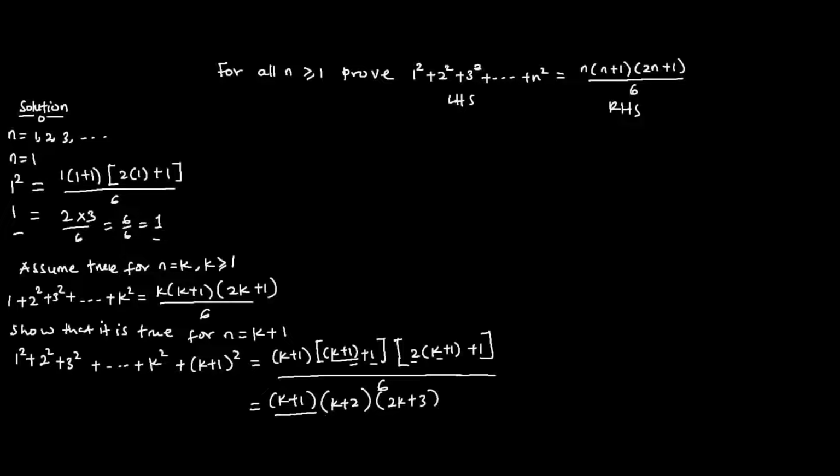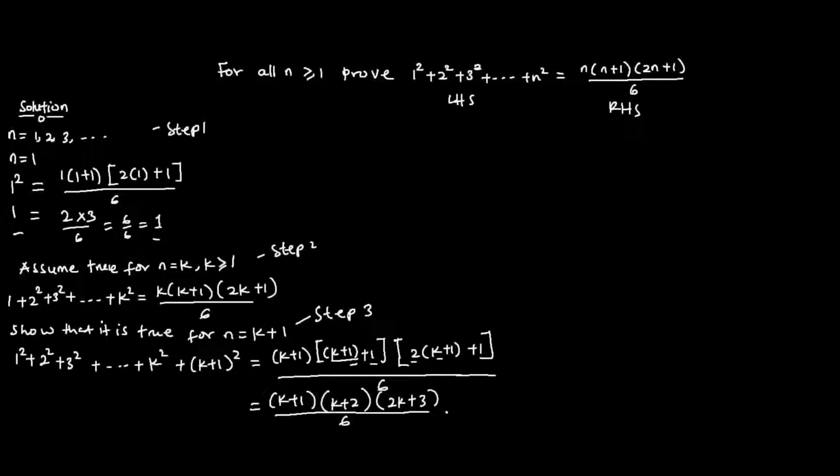So all this divided by 6. Okay, so let's leave this here. From step 3 here, I'll name this step 3, then I'll name this step 2, then let's name this step 1.